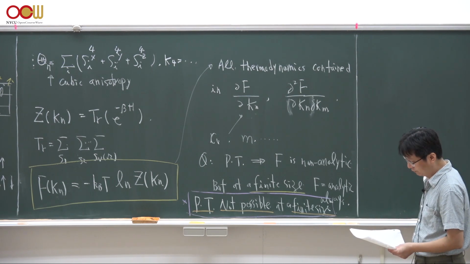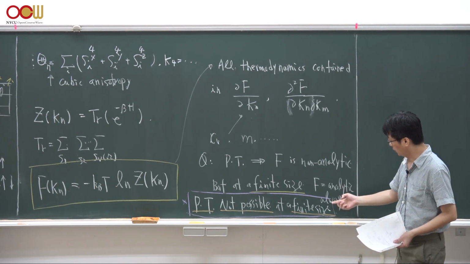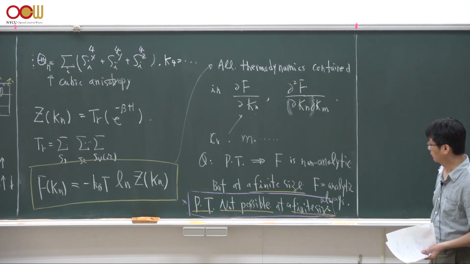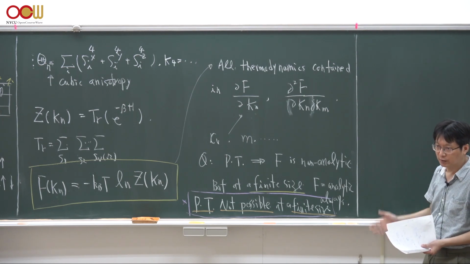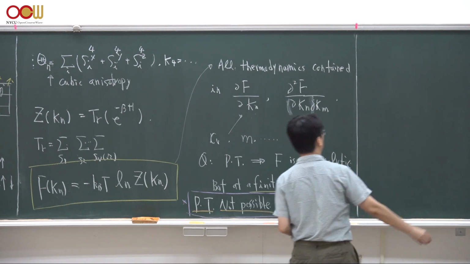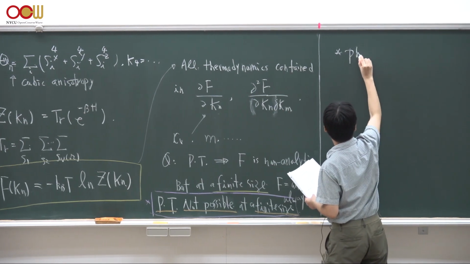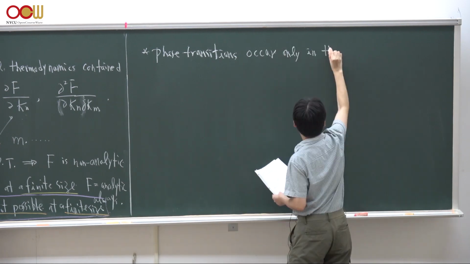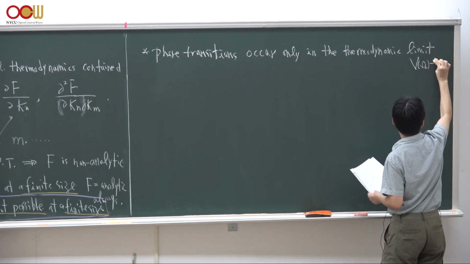We will define that in just a moment, in terms of the thermodynamic limit, when the system size becomes infinity. And therefore the other sentence closely related to that is that the phase transition occurs only when the system size becomes infinity. So this is another important statement, that phase transitions occur only in the thermodynamic limit, where the volume of a system goes to infinity.